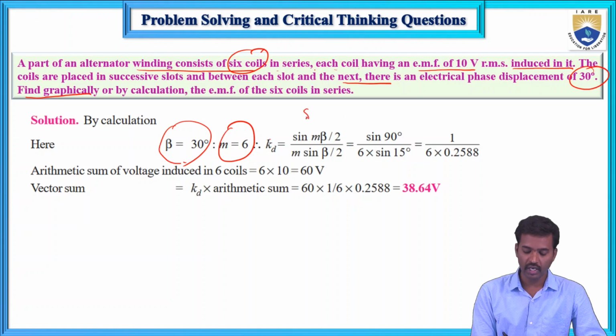So KD equals sin of 6 into 30 by 2, that is sin 90, divided by 6 sin 15, since 30 by 2 is 15.